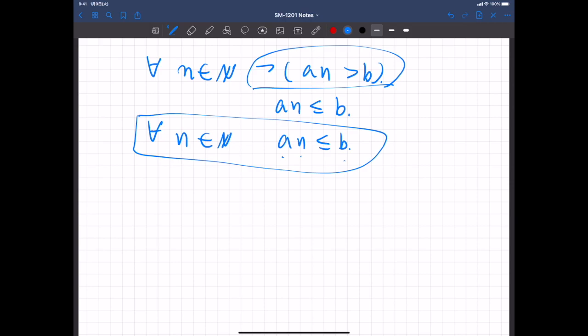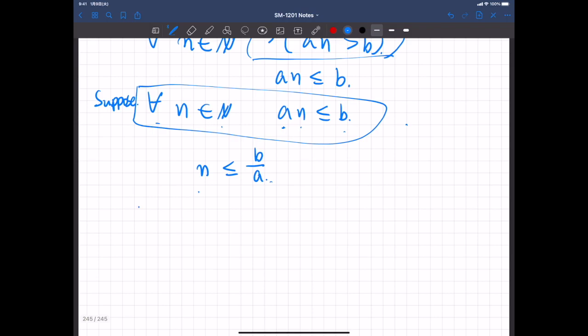Okay, then this means n is less than or equal to b over a. Remember, a is a positive real number, so it's not 0, so we can divide by it. So this means, we are saying all natural numbers here. So this means the set of natural numbers is bounded above.